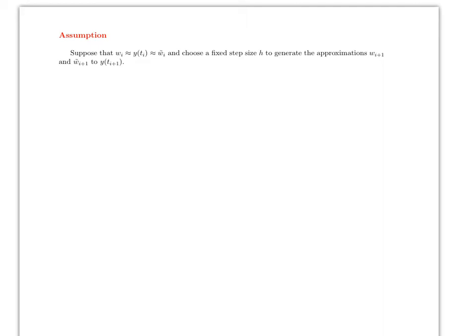Recall that the formula for tau_{i+1} was equal to (y(t_{i+1}) - y(t_i))/h - phi(t_i, y(t_i), h) for some function phi.